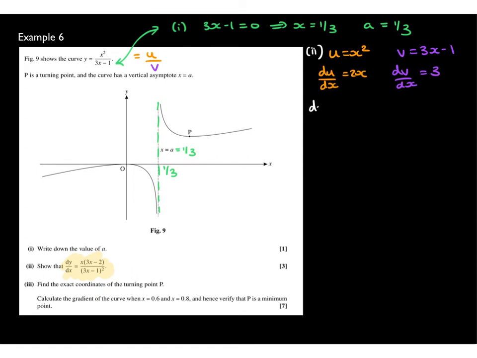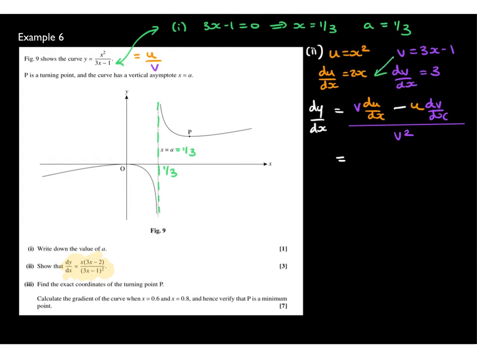Now, do we remember the quotient rule? It tells us that we want v multiplied by du by dx, subtract u multiplied by dv by dx, and then the whole thing has got to be divided by v squared. So let's put all the pieces together.